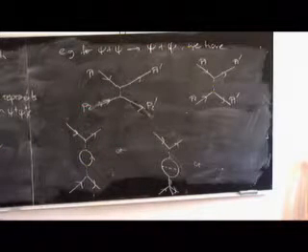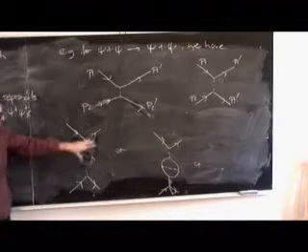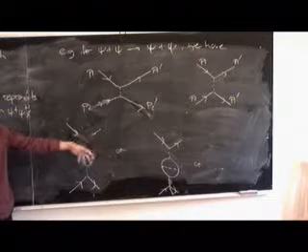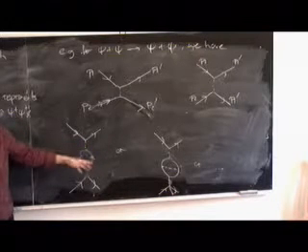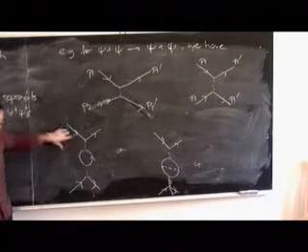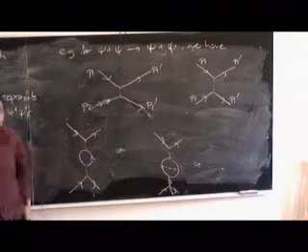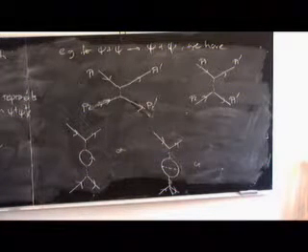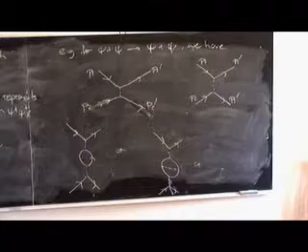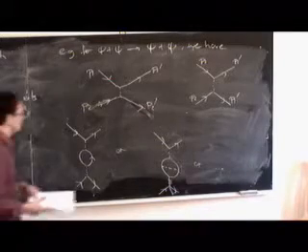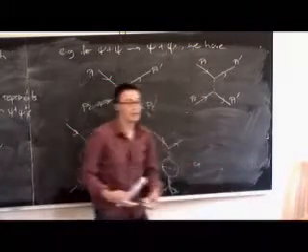As you start to let your imagination run wild, you see that there's actually an infinite number of increasingly complicated diagrams that we can draw that have these 4 lines connected in some way.